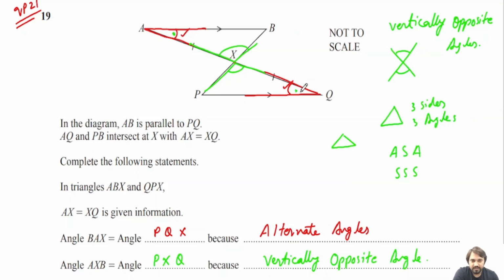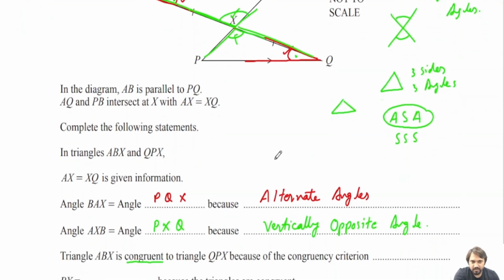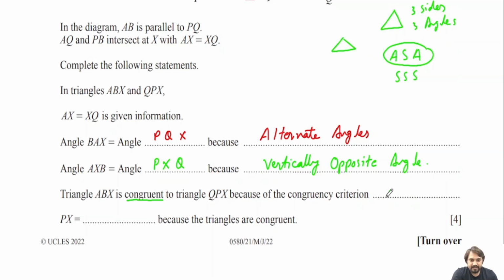In 2 triangles, we have 2 angles equal, and one side, AX is equal to XQ. It means we have to apply this formula, angle side angle criteria. Because of the angle side angle criteria, these 2 triangles are equal.